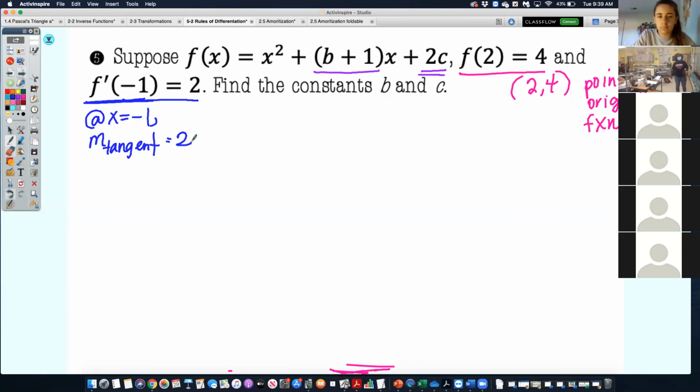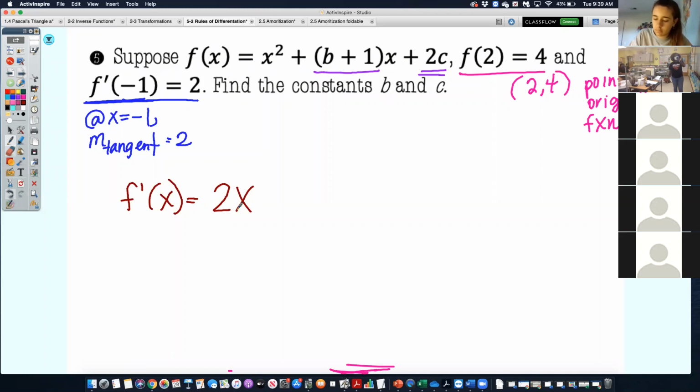So now that I have all that, let's find my constants, b and c, okay? We can start out by, of course, finding the derivative. I'm going to find the derivative of each individual piece. Let's start with x squared. What's the derivative of x squared? 2x.